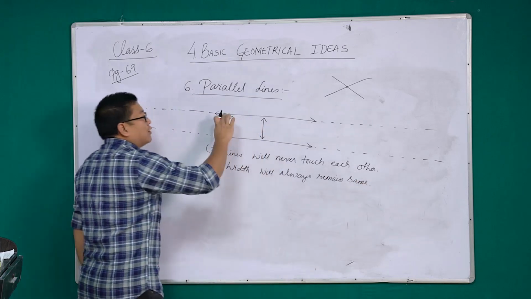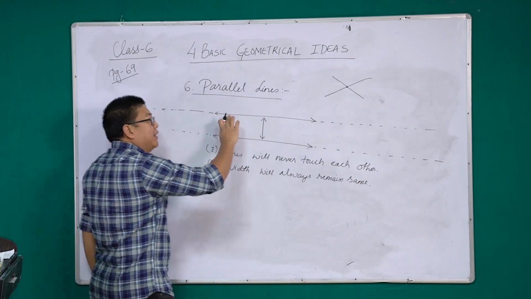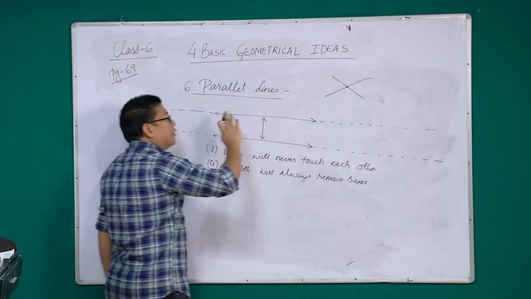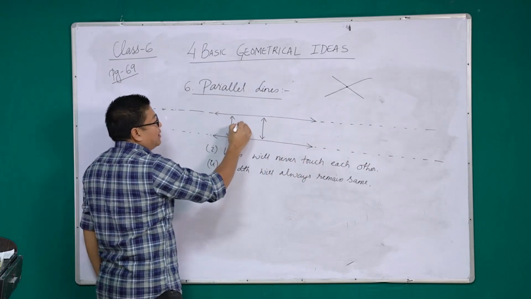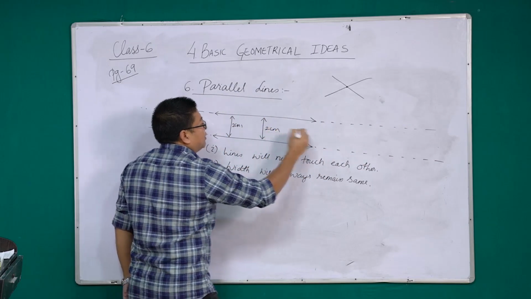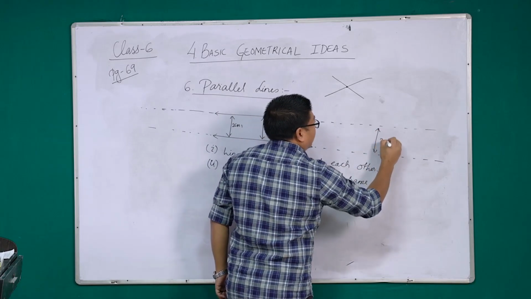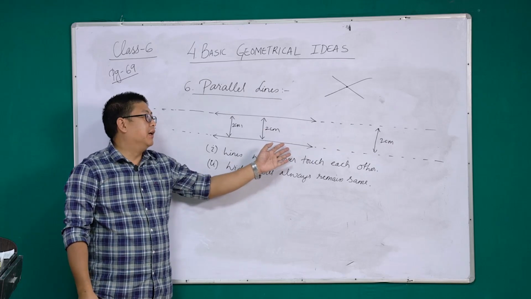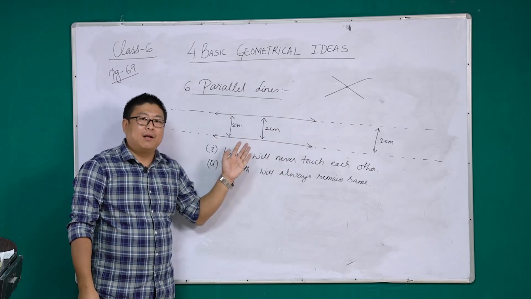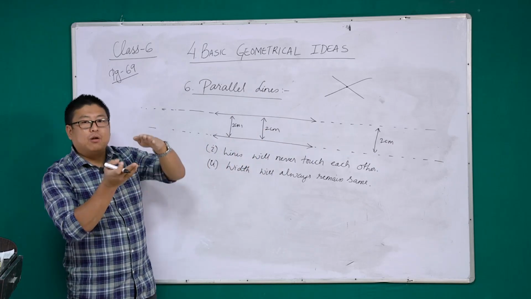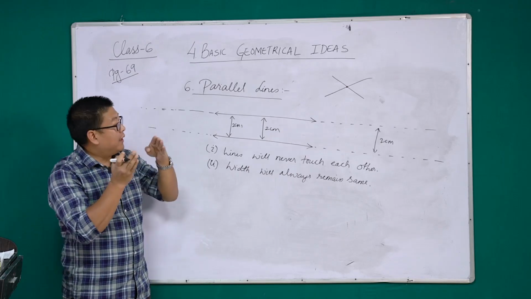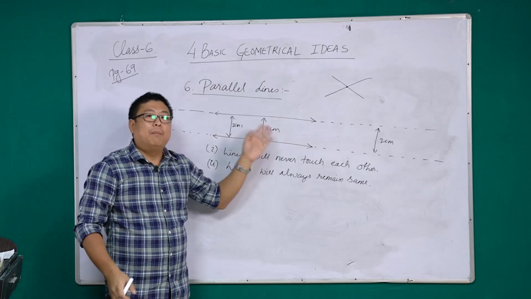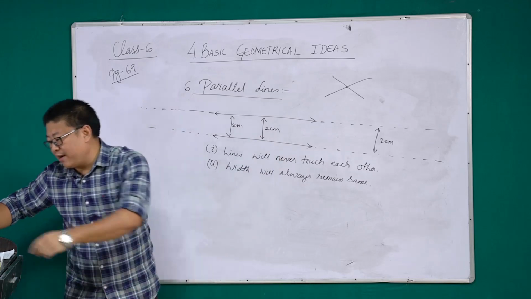That means as long as this distance is same, they are going to keep going, like they will never touch each other. For example, this is 2 centimeter. Here will also be 2 centimeter. Here it will also be 2 centimeter. So they are never going to touch each other. So these are called parallel lines. Any lines which run along in the same path and never cross each other, they are called parallel lines. I hope this is clear.